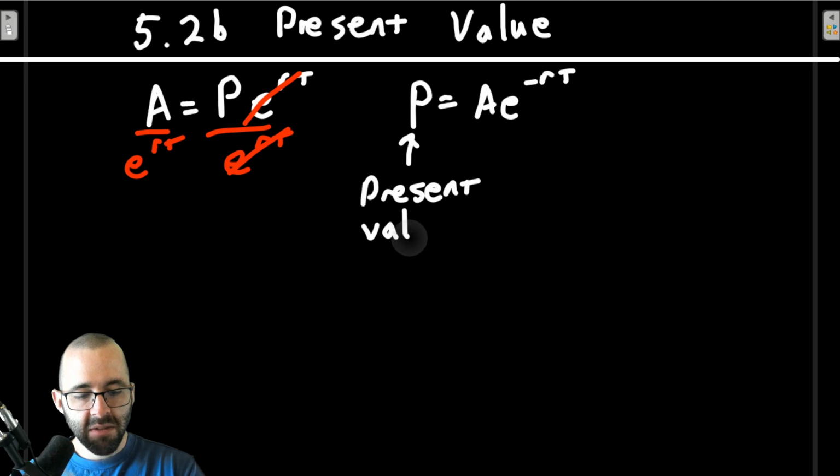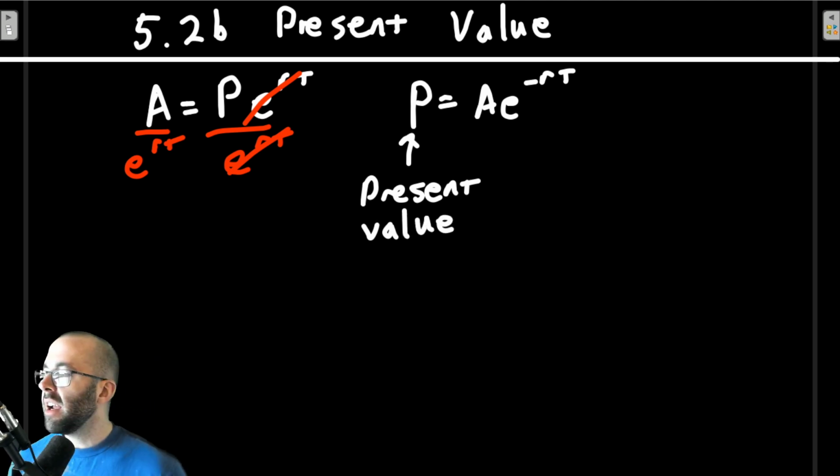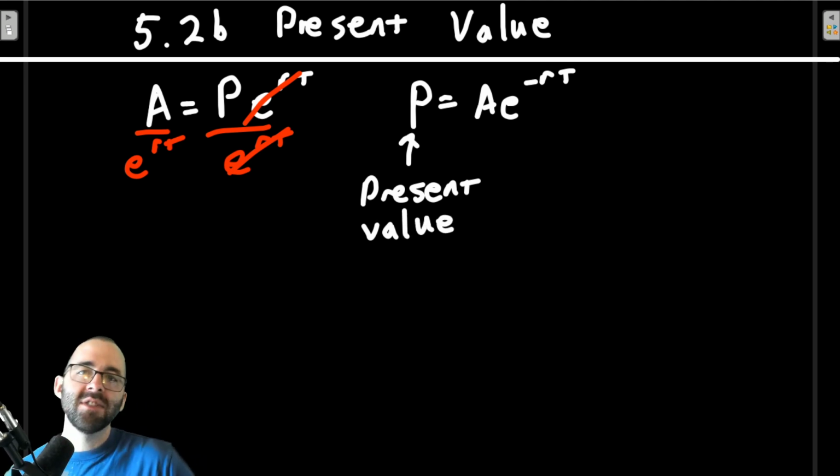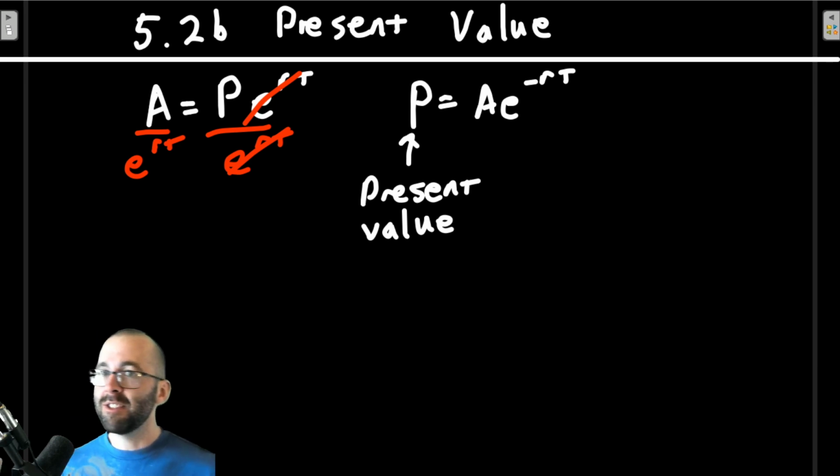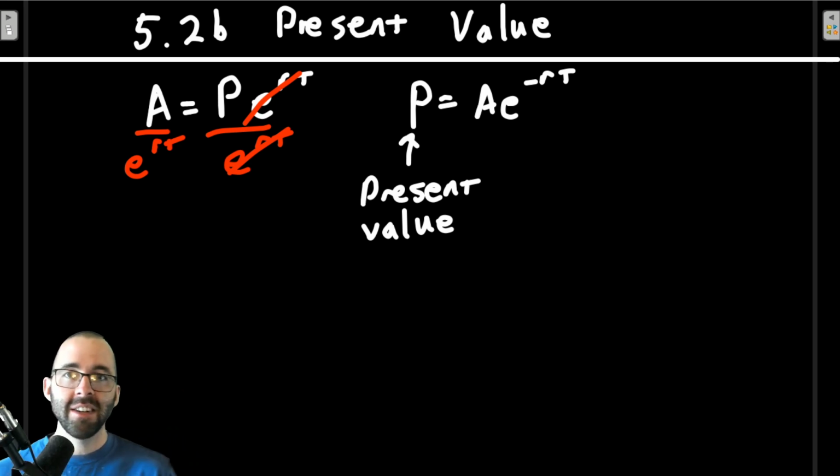Another way to think about present value is this: let's say you're some sort of investor, and I say, would you rather have $1,000 today or $1,000 5 years from now? There's a lot of reasons you'd want $1,000 today.